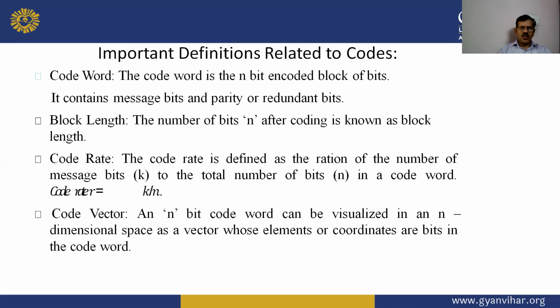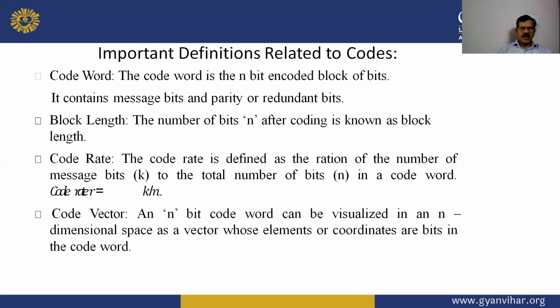And what is the code rate? The code rate is defined as the ratio of the number of message bits k to the total number of bits n in a code word. So code rate is k per n.